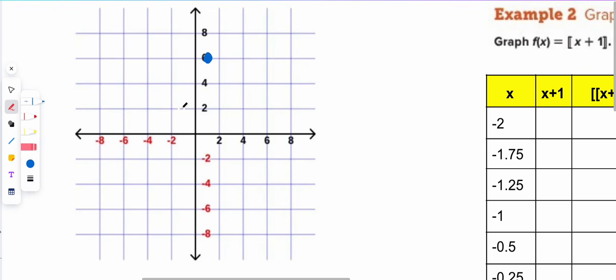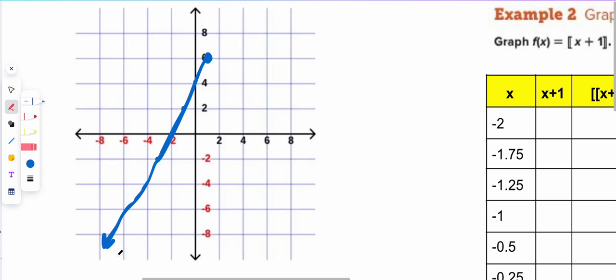Then I would just plot my other points to help me finish getting this line. So we had 0, 4, we had -1, 2, we had -2, 0, and then we had -3, -2. So this line looks like this as it keeps going.